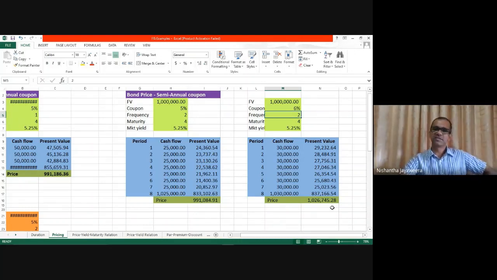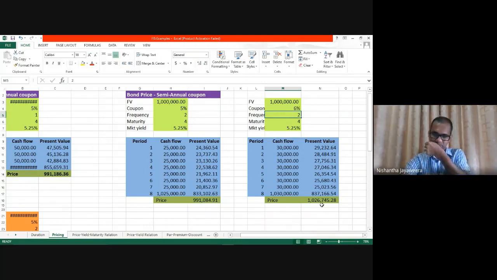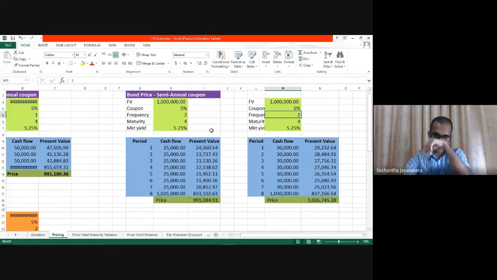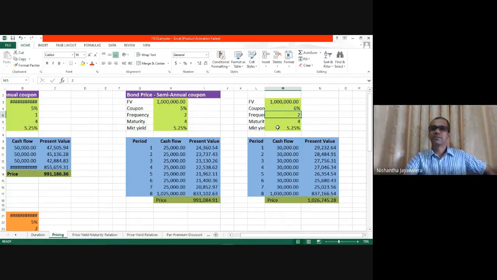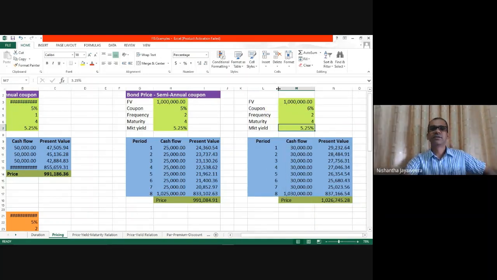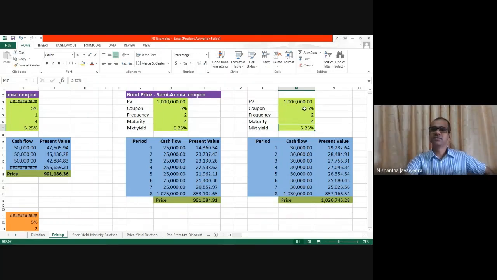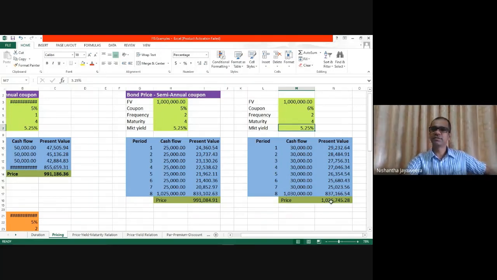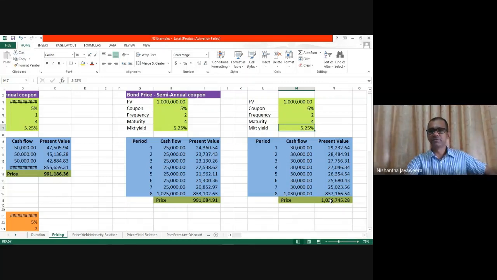Not only is the price higher, but what else? You can see the required rate of return is less than the coupon rate, therefore the price is above the face value, trading at a premium.